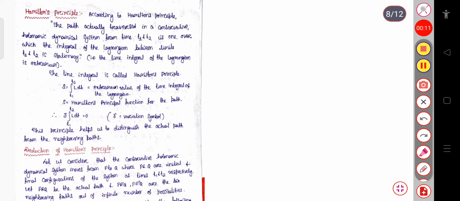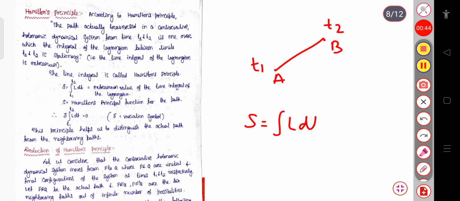Hamilton's principle in classical mechanics describes the motion of a dynamical system from one point to another point within a given time interval, suppose t1 to t2, at the points A and B. This principle basically states that the motion of the dynamical system from time t1 to t2 between the two points A and B is such that the line integral, that is S equal to the integration of the Lagrangian L dt over t1 to t2 time, is stationary for the actual path of the motion.